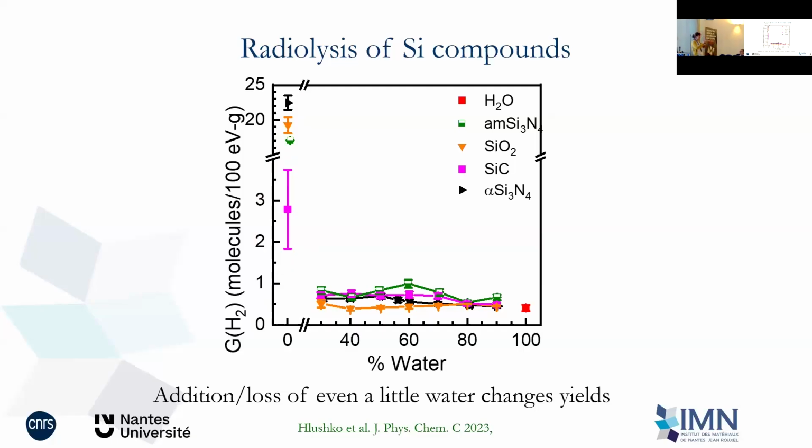When you have just a little bit of water, you produce a lot of hydrogen in comparison. This is interesting because in some graphene cells you have just a bit of water, and there are experiments with vapor water. So things change a lot at these interfaces. There is some information, but it's still bulk.